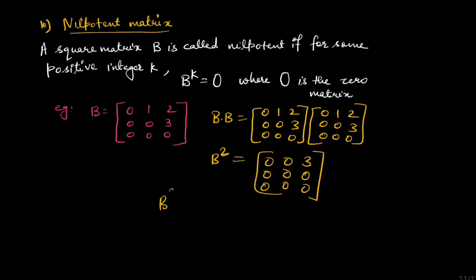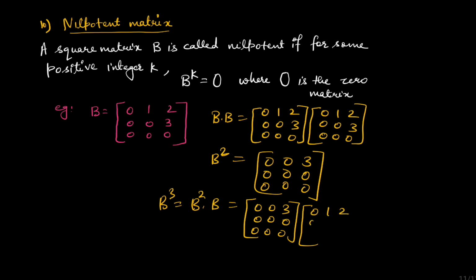And if you find B cube, that means B square into B. What do we have? [0 0 3; 0 0 0; 0 0 0] multiplied with the matrix B, [0 1 2; 0 0 3; 0 0 0], and this is equal to, what do we have? This is 0, this is again 0, this is again 0 0 0 0.